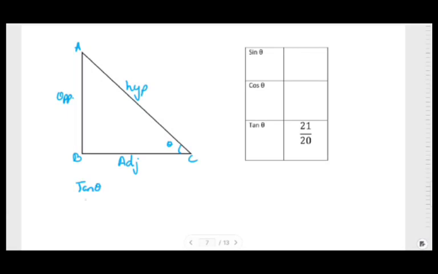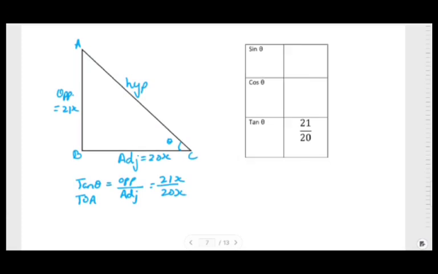Tan theta, tan is TOA, that's why opposite upon adjacent. The value is given as 21x upon 20x. So what's my opposite value? 21x. What's my adjacent value? 20x.